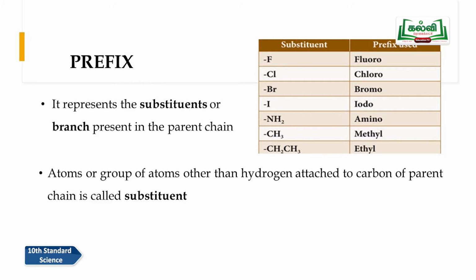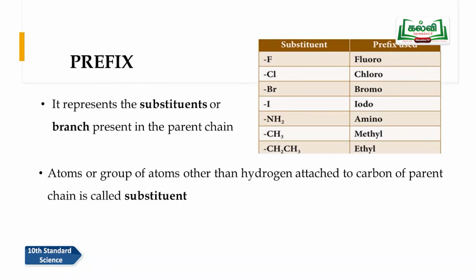Let us see what a prefix is. The prefix will represent the substituents or the branch that is present in the parent chain. So after identifying how many carbon atoms are present in the organic compound, we have to see if there are any additional substituents or branches present. To name them, we use what we call a prefix.